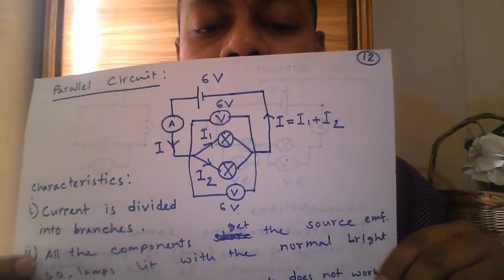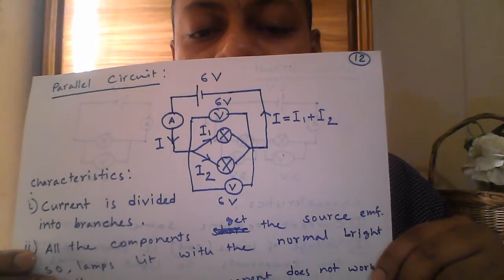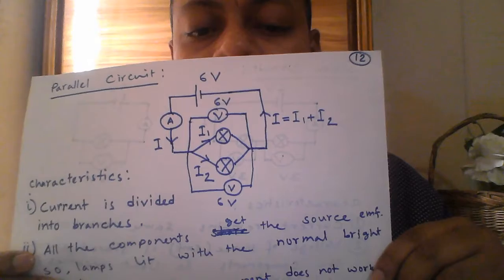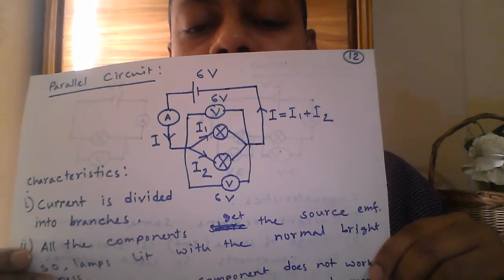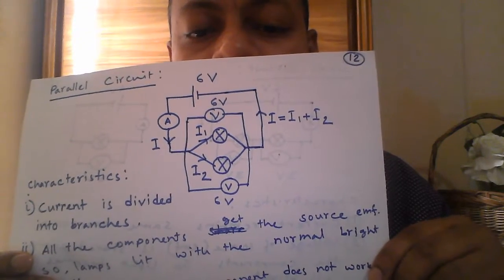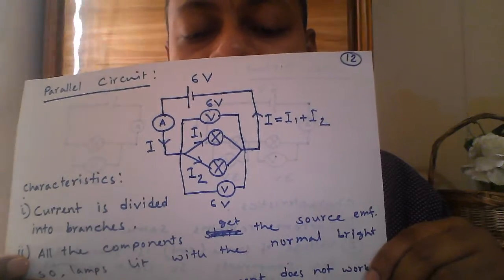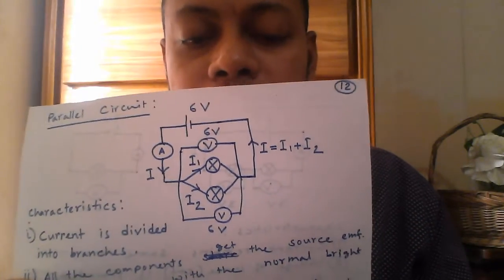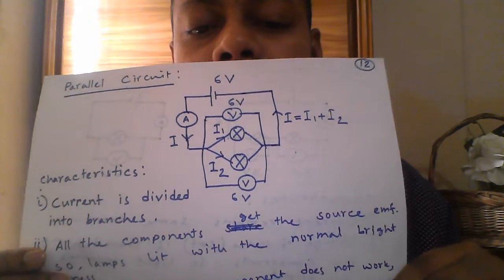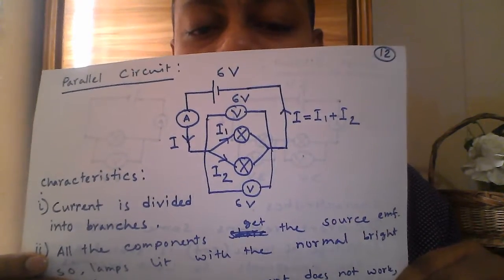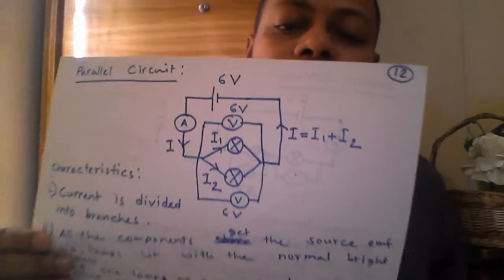That's why the brightness of the lamps in a parallel circuit will be normal brightness. That means if there is only a single lamp, the way we get its light, the same way if they are connected in parallel, all the lamps will glow with the same brightness, because all of them are getting the same voltage as the source voltage. So this is one point about the parallel circuit.